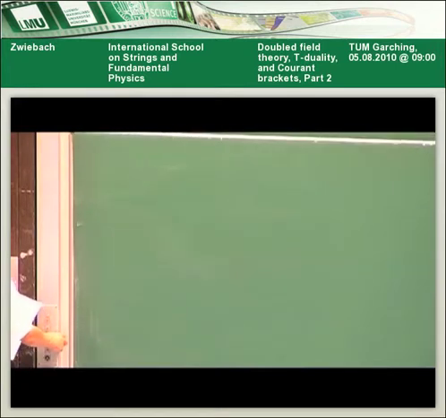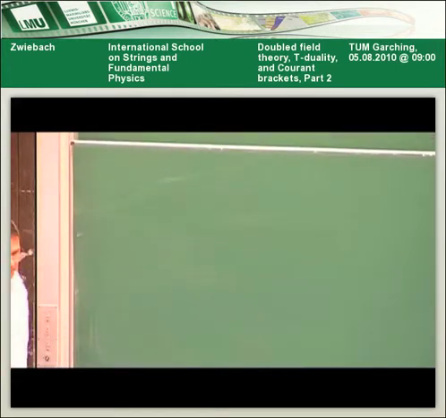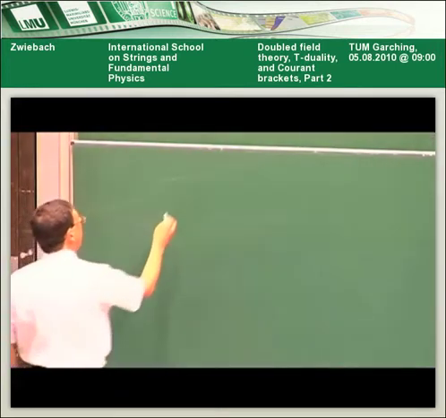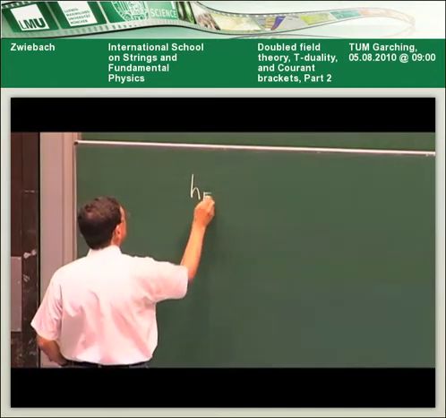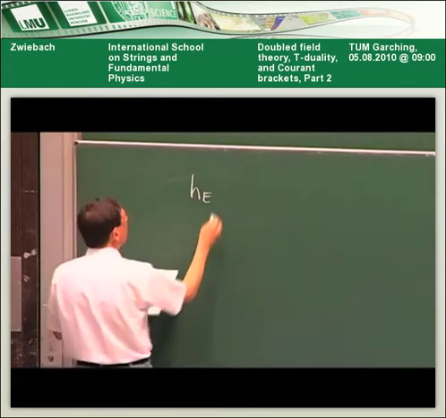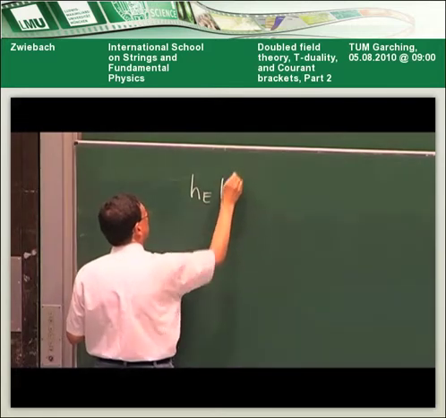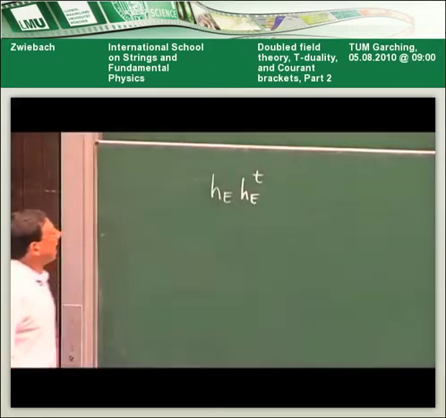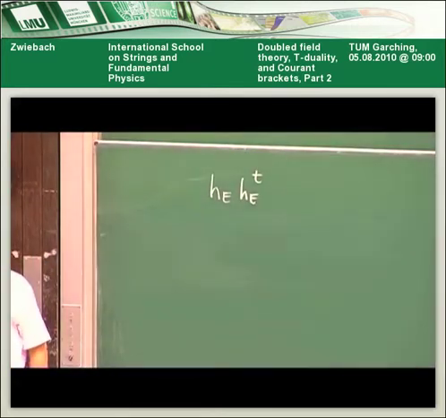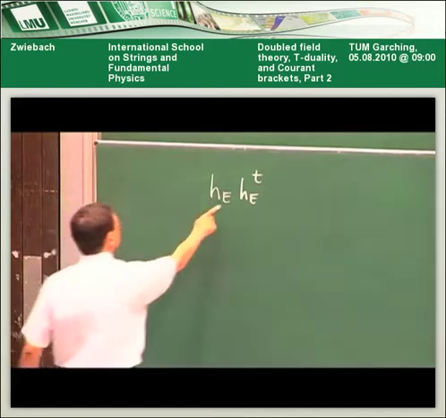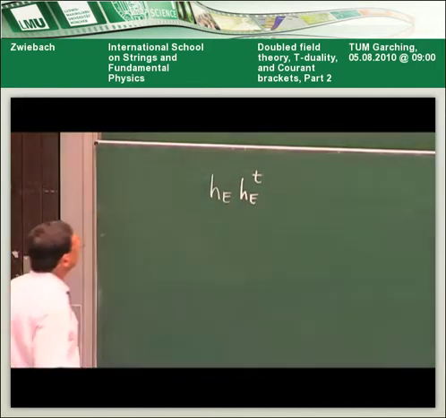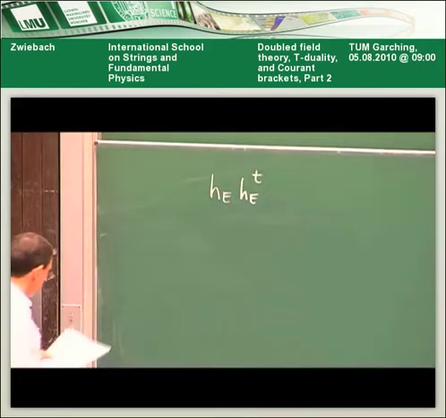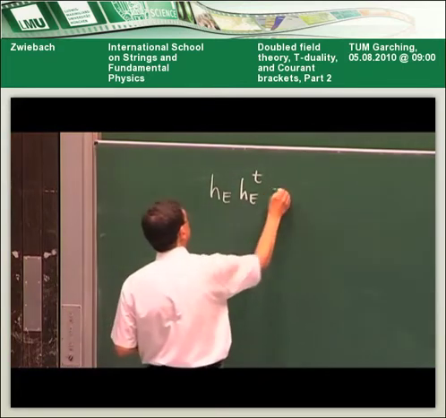So it begins with a calculation. If you have HE, you can multiply it by HE transpose, and that, by definition, is a symmetric matrix. So this could be a nice symmetric matrix because it's an important matrix and it's symmetric. So we can just try to calculate it.